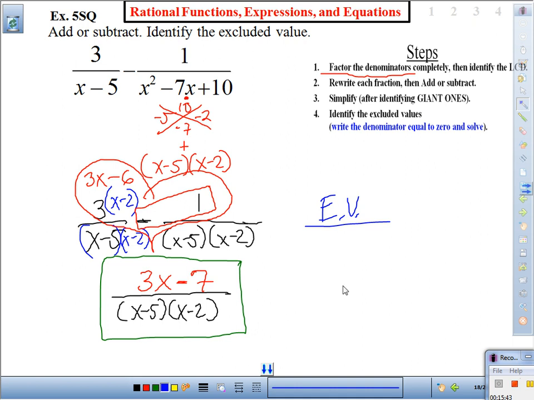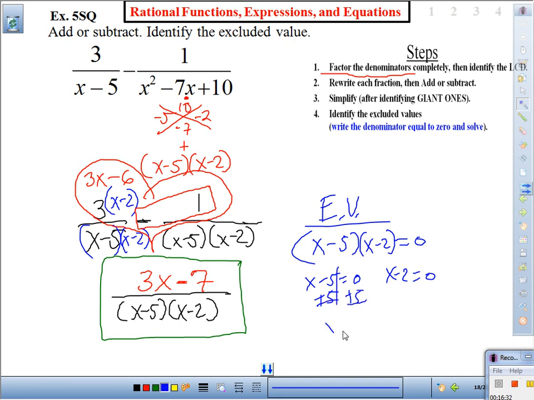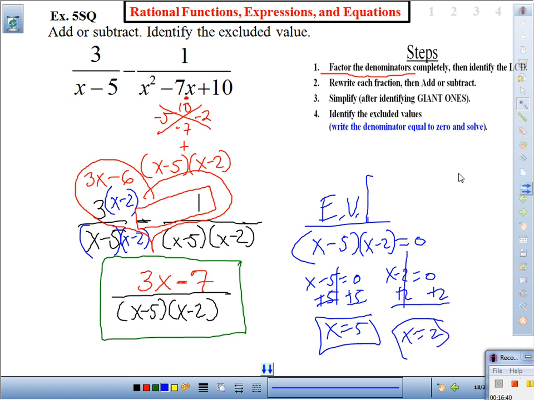All right. So x minus 5 and x minus 2, all that equal to 0. X minus 5 equal to 0. X minus 2 equal to 0. Plus 5 plus 5. X equals 5. Plus 2 plus 2. X equals 2. So therefore my excluded values are 5 and 2.